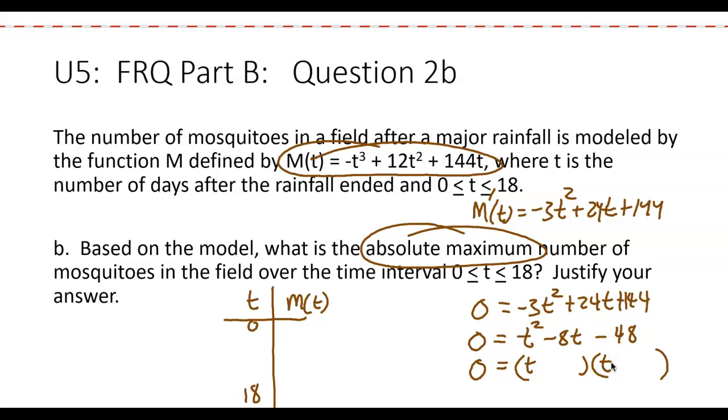Now let's see, 48. Now if I set both of these equal to 0 and solve, this one will give me 12, this one will give me -4. Now I don't care about -4 because we're only going from 0 to 18, so I only have one critical value that I actually care about here.